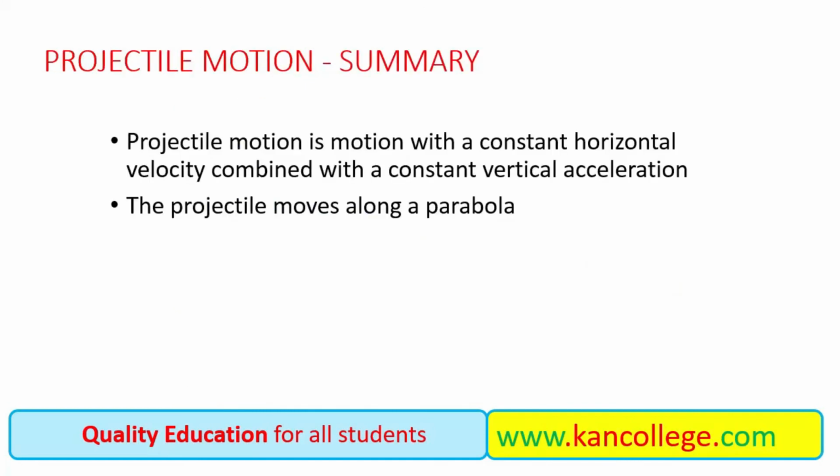And at last, we summarize the whole discussion. Number 1, projectile motion is motion with a constant horizontal velocity combined with a constant vertical acceleration. Number 2, the projectile moves along a parabola.